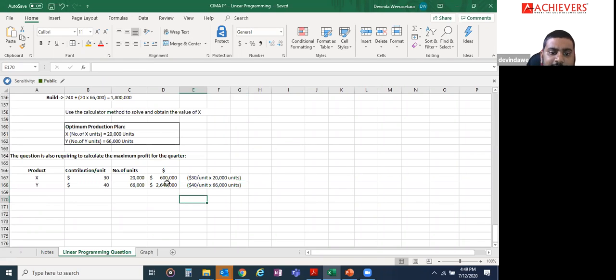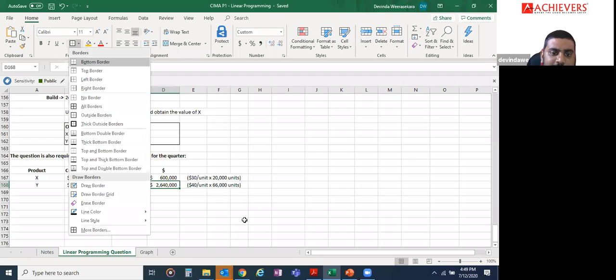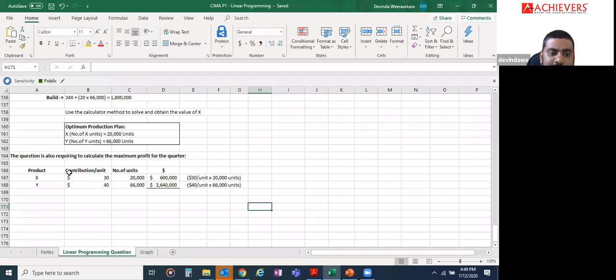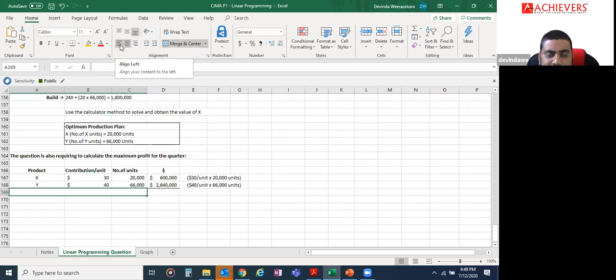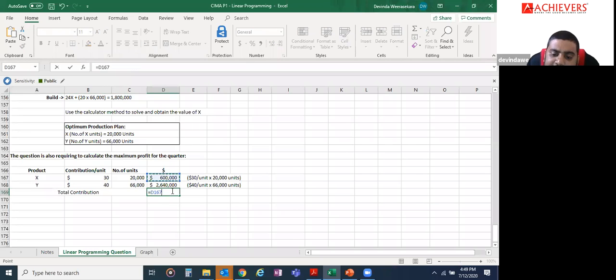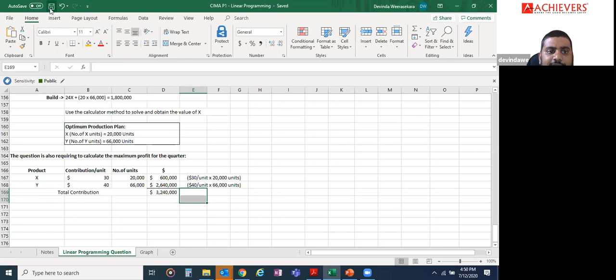So straight away, I will get to the contribution, because when I come to the contribution, the variable cost is already deducted. So I don't even need the variable cost. I will directly take from the contribution. So total contribution: 600,000 plus 2,640,000, 3,240,000 is the total contribution, but we want the profit, right?